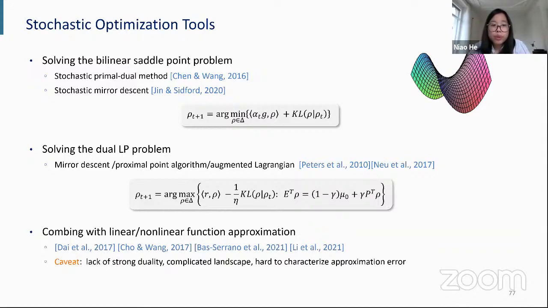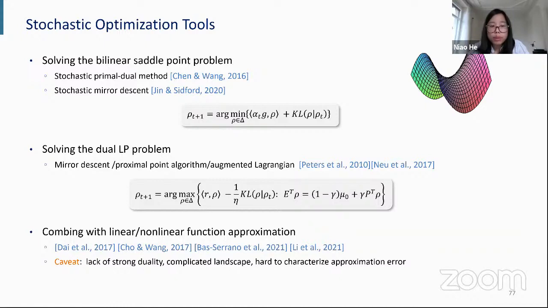But the caveat here, though, is that when you integrate with nonlinear function approximation, then you will immediately lose strong duality. So the dual is not necessarily going to give you the exact solution for the primal problem. And because you're using nonlinear function approximation, the landscape of the solutions is much more complicated, right?